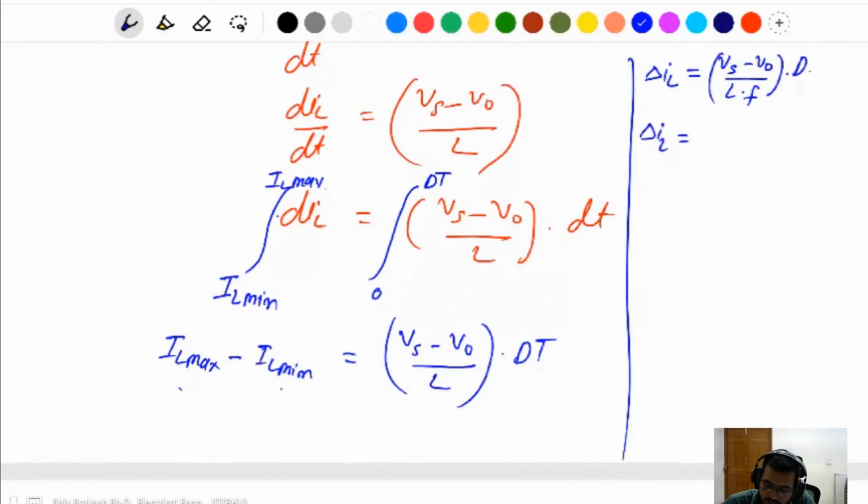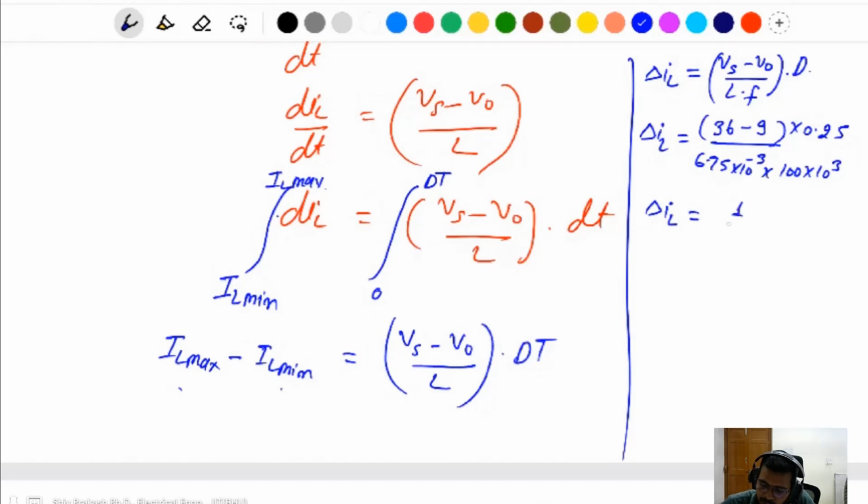All of this is given. Vs is 36, V naught is 9, L is given as 6.25 millihenry, which means 10 to the power minus 3. F is given as 100 kilohertz, 10 to the power 3. Duty cycle I have calculated as 0.25. Then this will be 1 divided by 100.